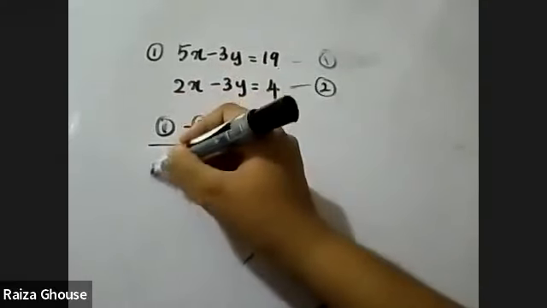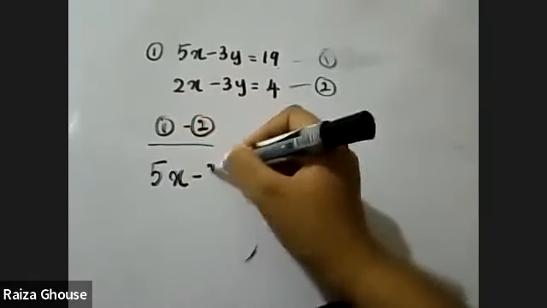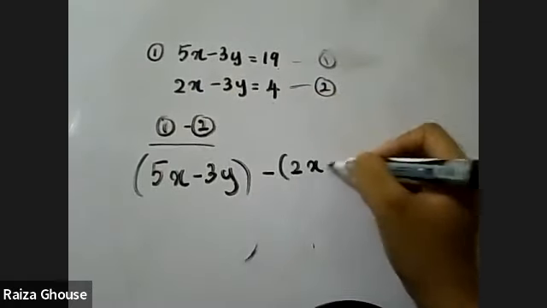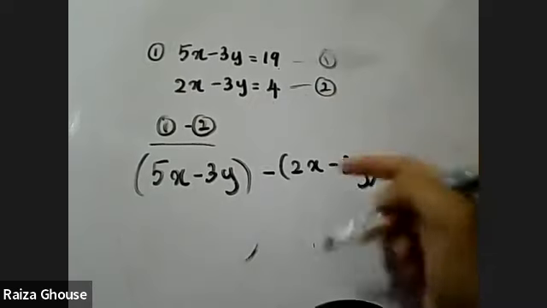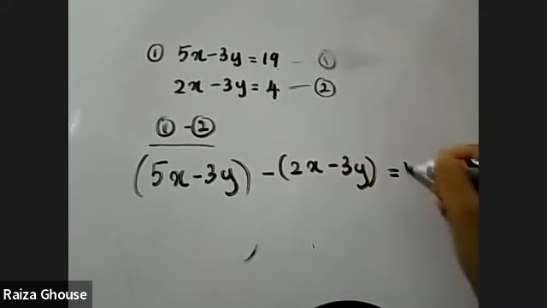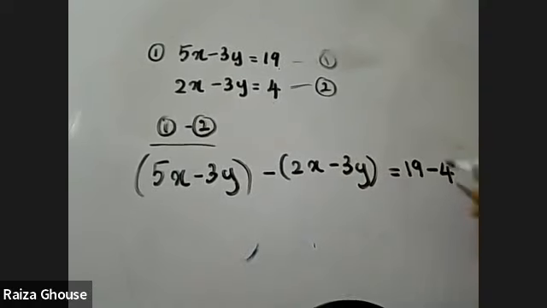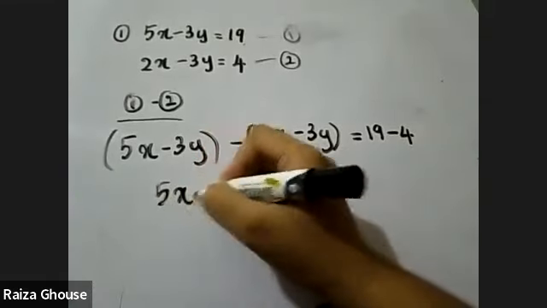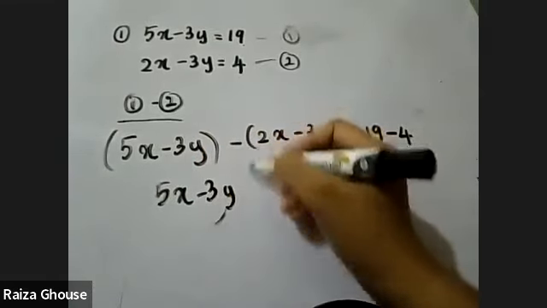Now I can write the first equation, 5x minus 3y. You have to subtract the second equation, 2x minus 3y. Don't forget to put the brackets. Then the same thing for the other side, 19 minus 4. Now you have to remove the bracket. 5x minus 3y minus 2x.